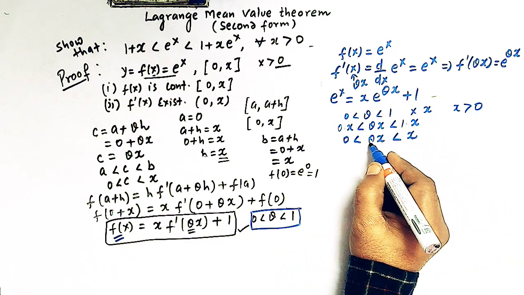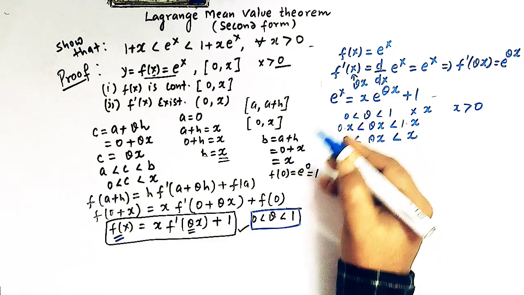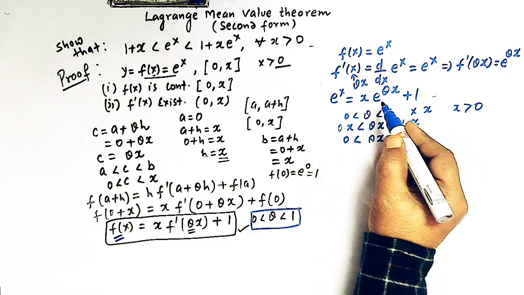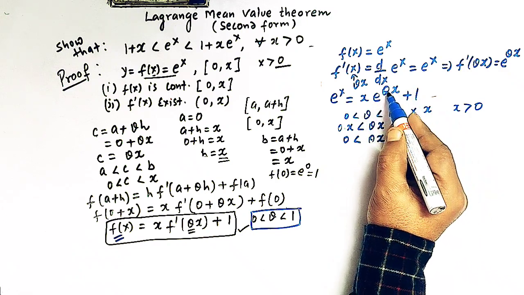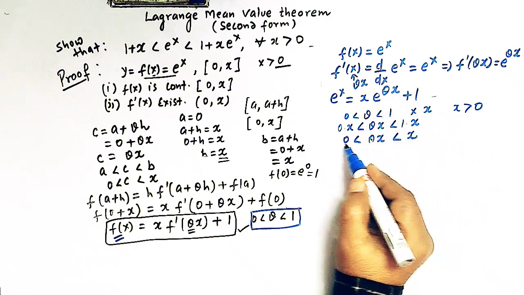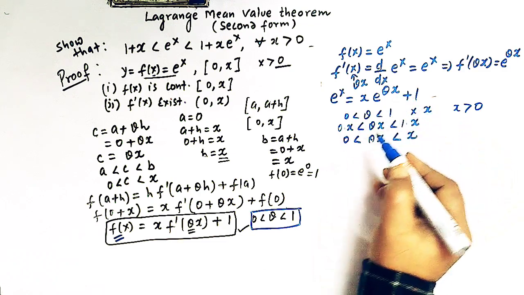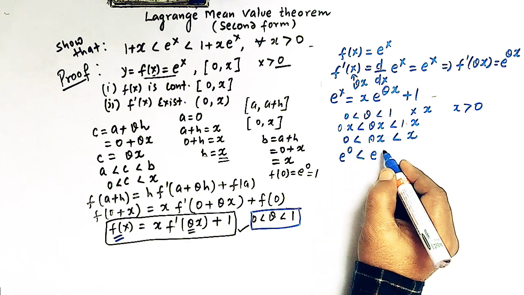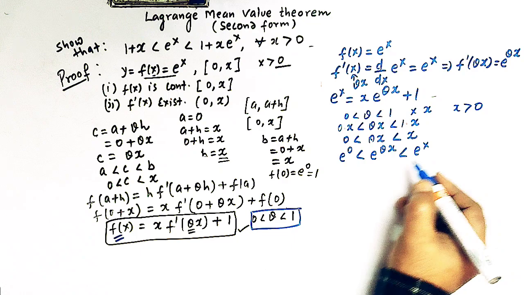Okay, so now let us raise all these quantities to the power of e, because here we wish to find out the expression, that is e raised to theta x. So what we will do is raise these three quantities to the power of e, so that we have e raised to 0, then e raised to theta x, and here e raised to x.